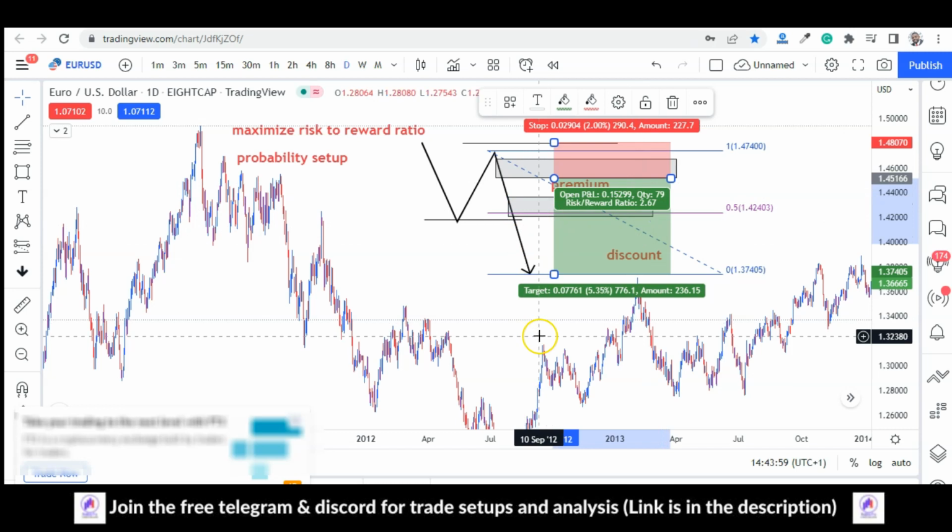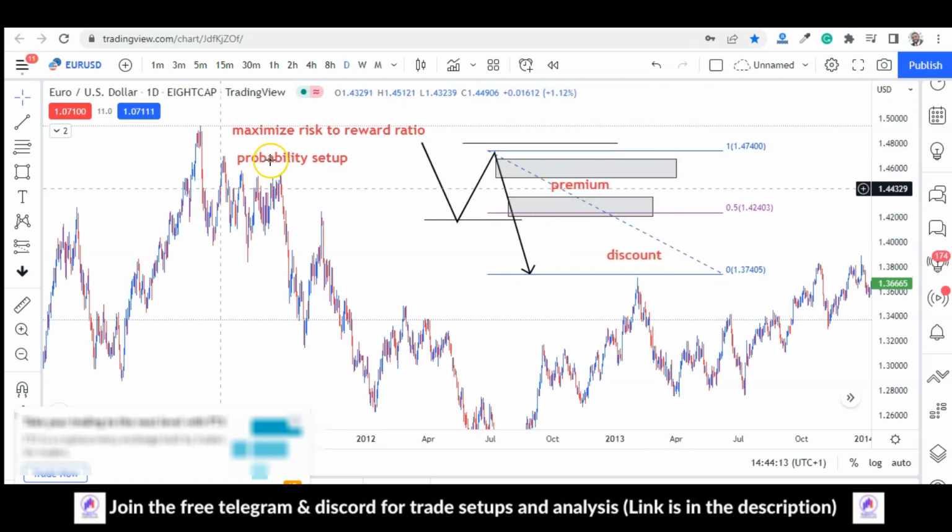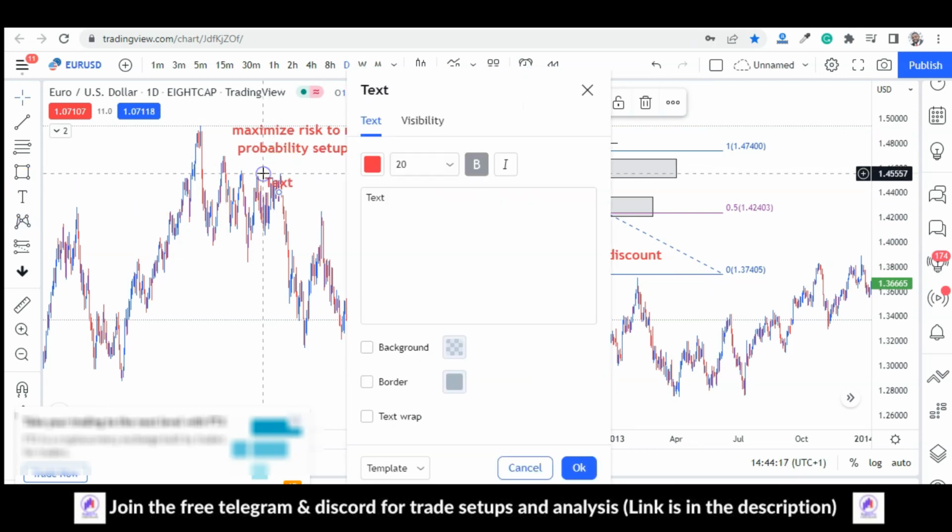So using premium and discount, you'll be able to know which setup is high probability and which setup is low probability, so that you avoid unnecessary losses.